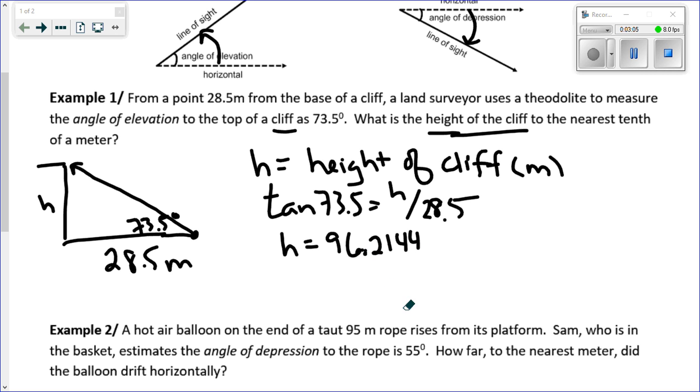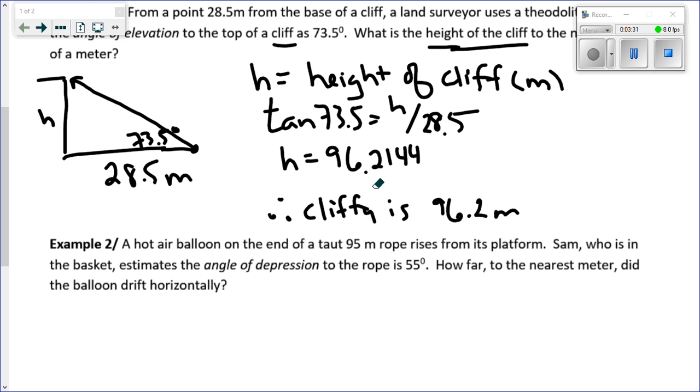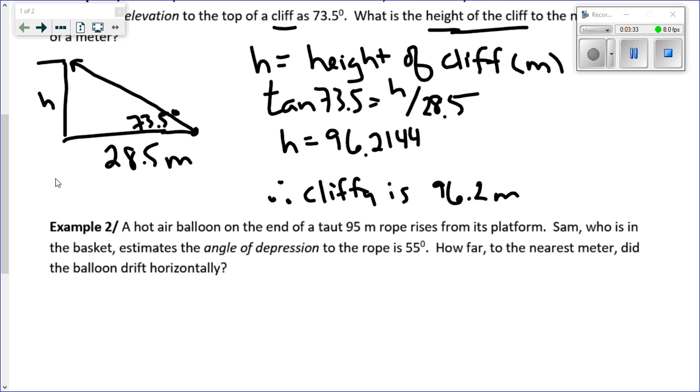Get in the habit of leaving your answer to 4 decimal places and not rounding until the therefore statement. I believe I said in an earlier lesson that a lot of these, if they're just a single question, then it's not a problem. As soon as they become multi-step questions, you're going to need those 4 decimal places for the extra accuracy.